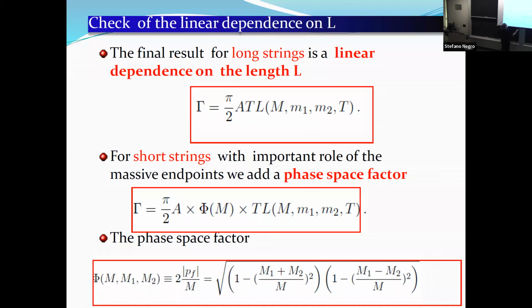But it's a simple expression to write the length given this value. So we know that the prediction here is that the total width is the tension times the length with some universal dimensionless coefficient. And this is for long strings. For shorter ones, we also have to address it with some phase space factor. And so that is the total width.